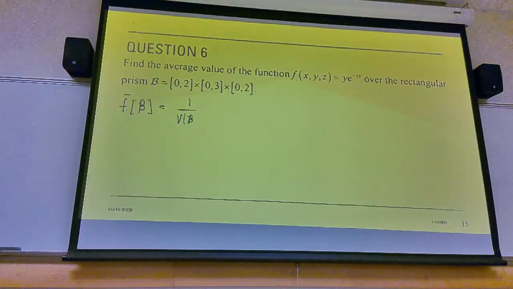I was thinking volume. I said area. What is the volume?